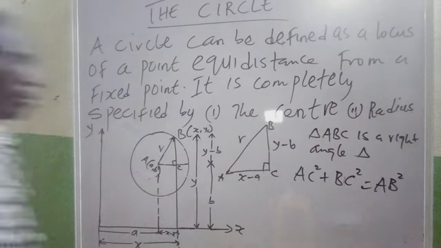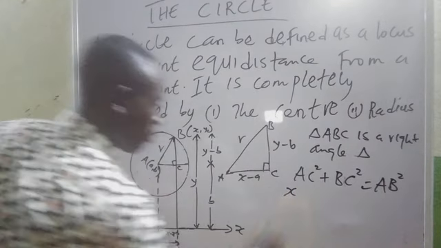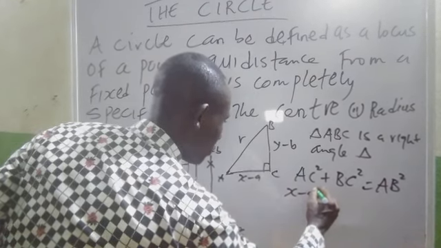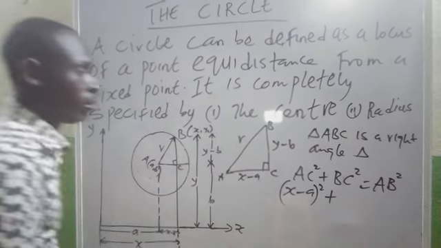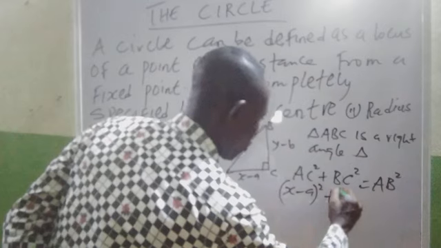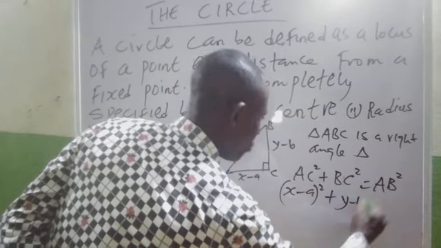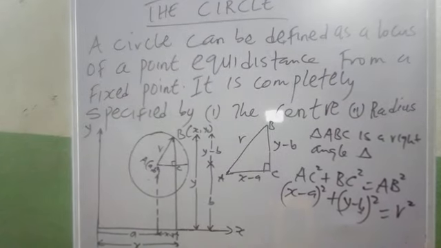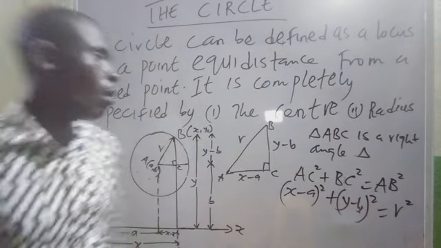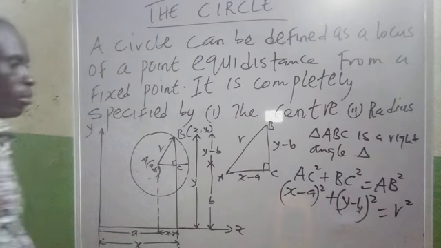And by doing that, you have x minus a squared plus y minus b squared equals r squared. And this is the equation of a circle.